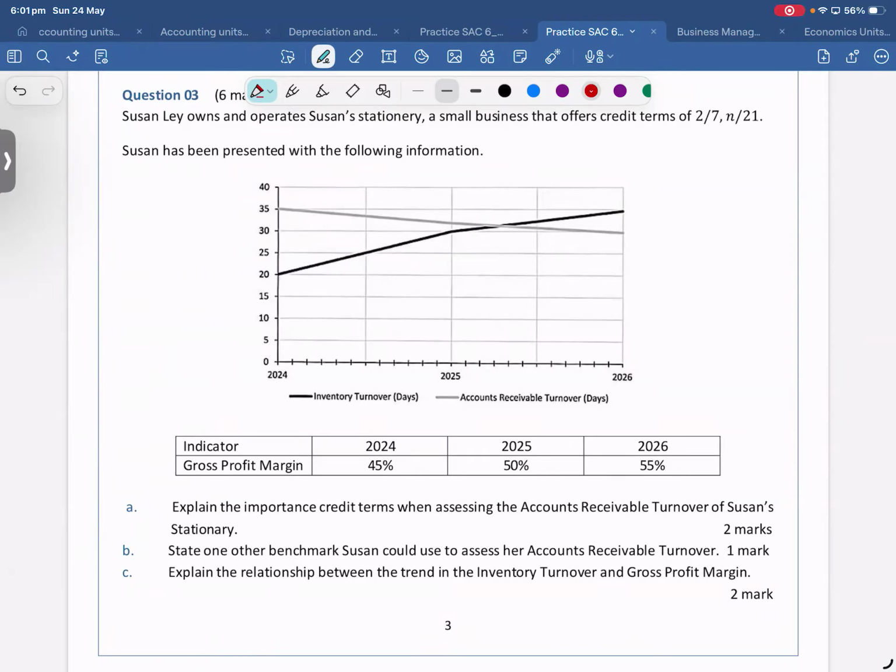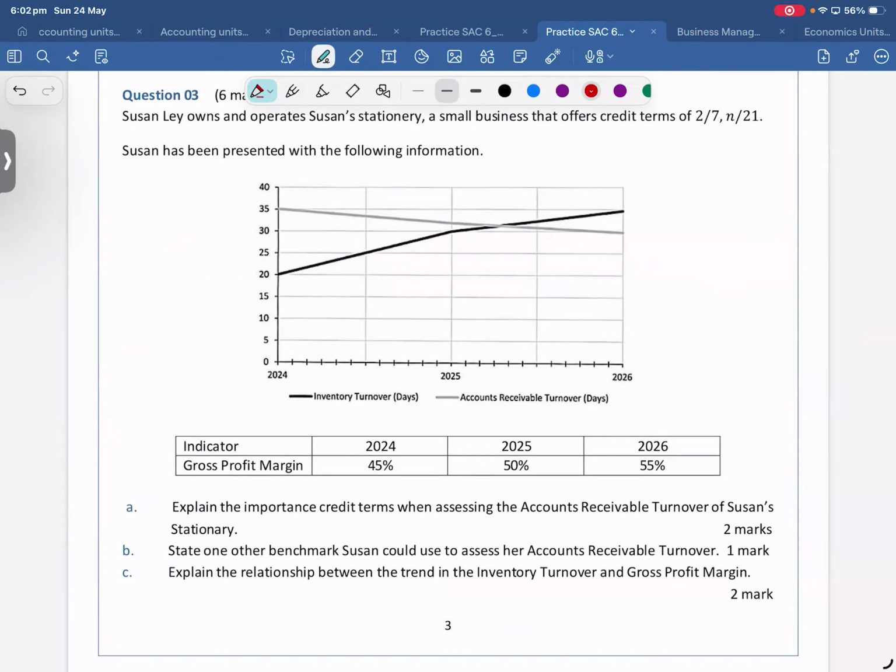Benchmarks are standards, acceptable standards, yes. So then, guys, we can compare it against the credit terms, and also we can improve it, as he said, by offering discount terms. Impressive discount terms will improve the accounts receivable turnover.